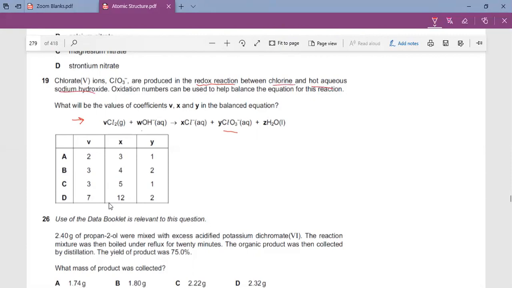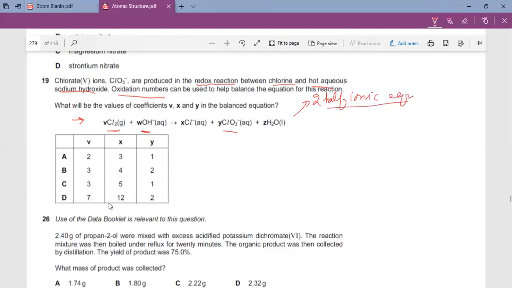This is from NaOH and chlorine. Oxidation numbers can be used to help balance the equation. So now this is the overall equation, right? You need to work out the 2 half ionic equations.